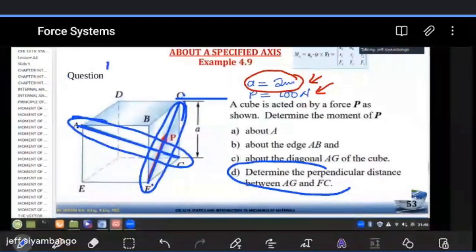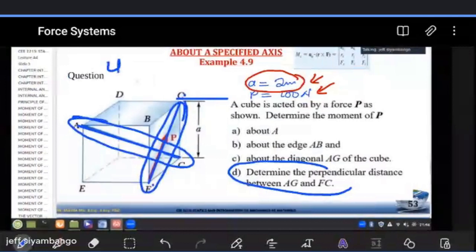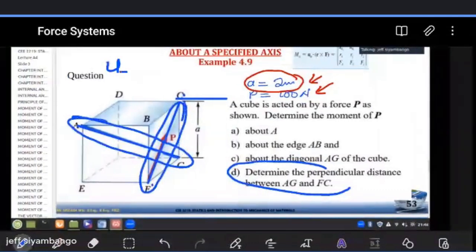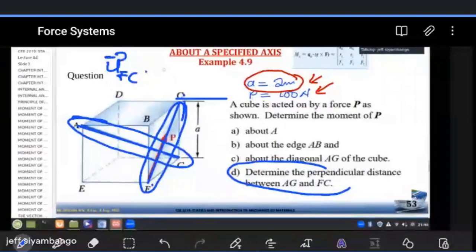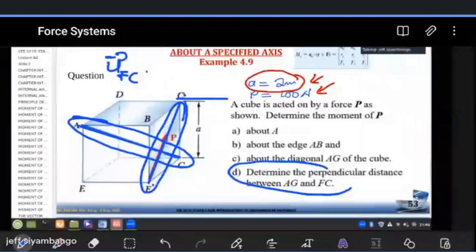So I can get the dot product of the unit vector of AG, dot the force that runs along FC. You can use the force, or there was a time we actually got the unit vector from F to C, so you can also use that.